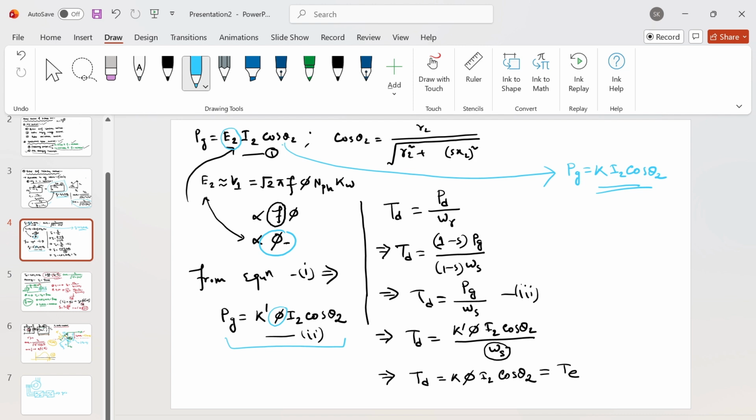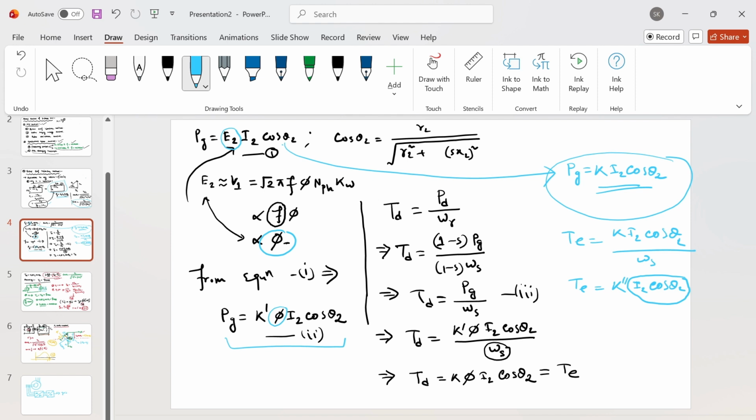Or else from this equation also, you can proceed and you can see that the electromagnetic torque will be K I2 cos theta 2 by omega s. So Te is equal to maybe K double prime I2 cos theta 2, like that. Here also you can see that I2 cos theta 2 must be constant at steady state.